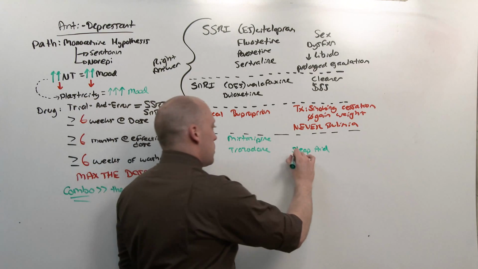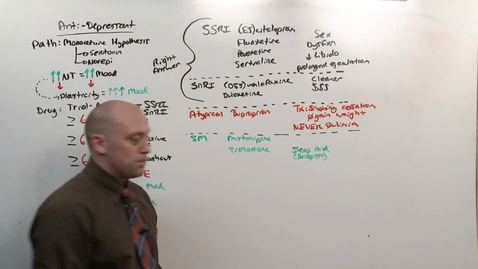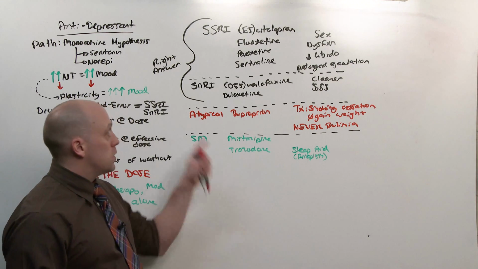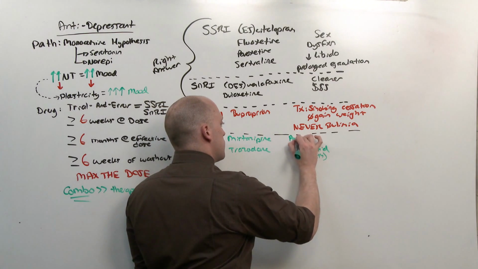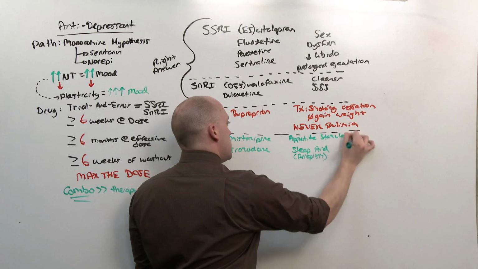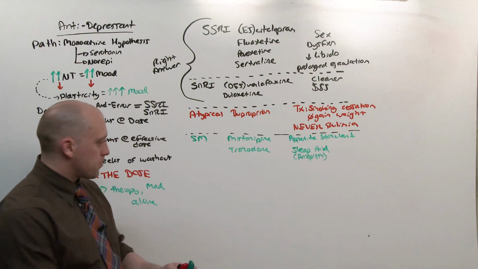Be aware that trazodone can also cause priapism, which is a medical emergency. Mirtazapine is an antidepressant, better than trazodone, but not as good as an SSRI, but it is also an appetite stimulant. So patients who are underweight and need to gain weight while they treat their depression can be started on mirtazapine.